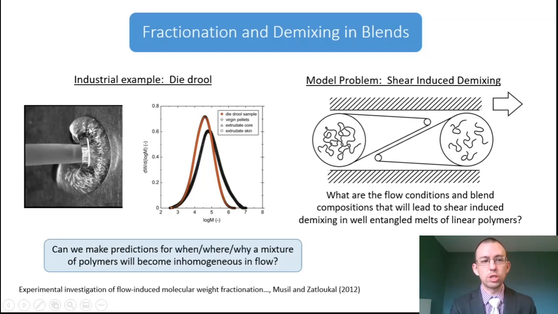So it's a different collection of polymers that are sort of leaving the bulk melt in order to deposit themselves on the die face.